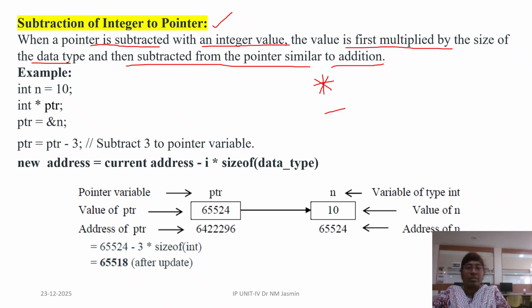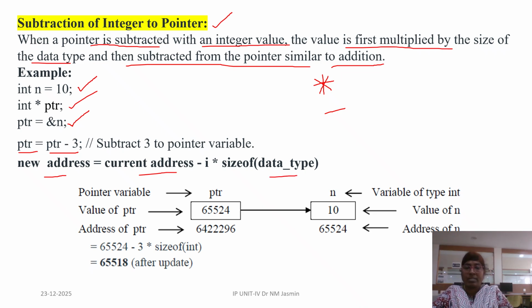Now take the same example. int n is equal to 10, declare the pointer, and the pointer holds the address of the variable. After that, the pointer is subtracted with 3. Now the new address is calculated as the current address minus i into size of data type.